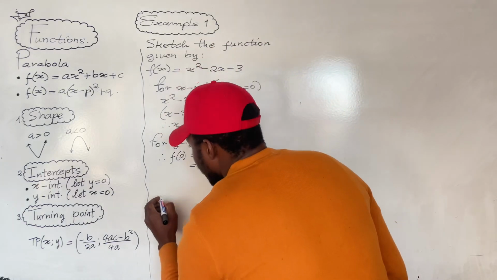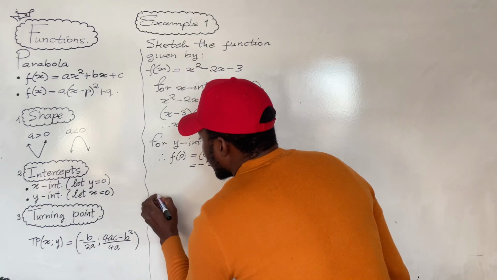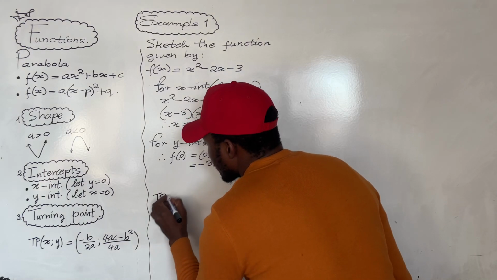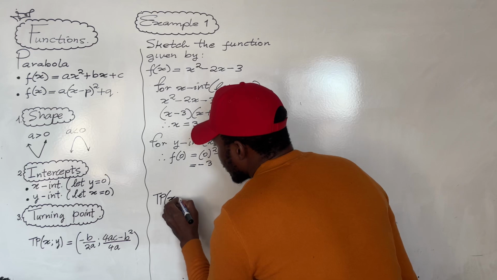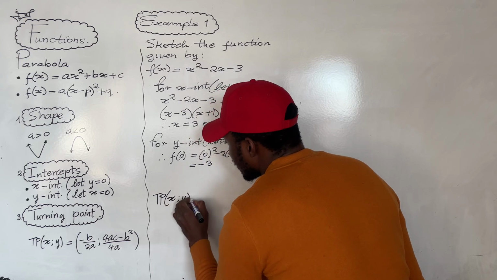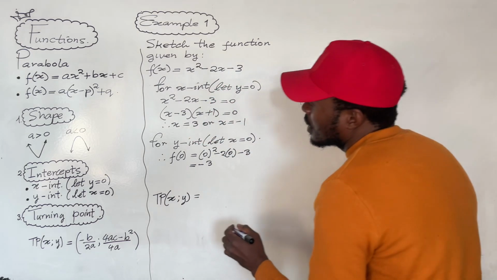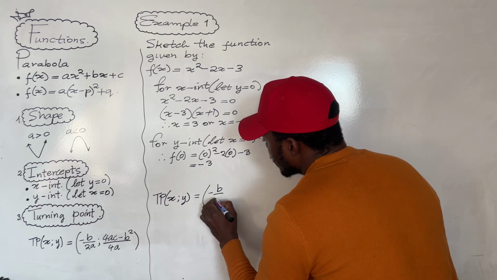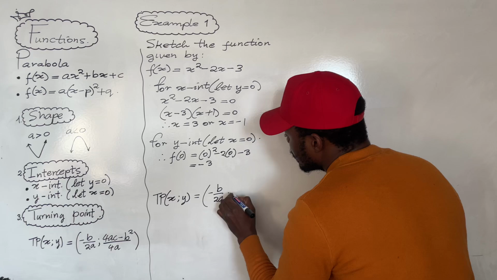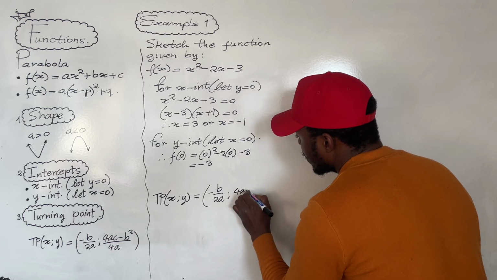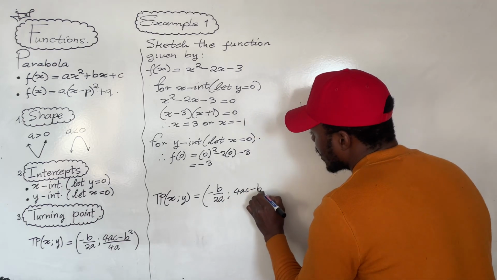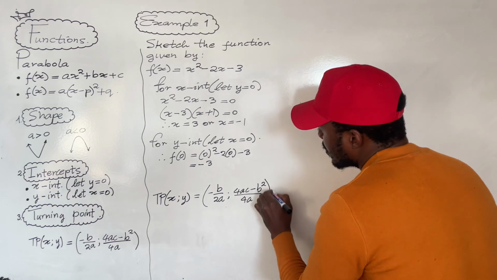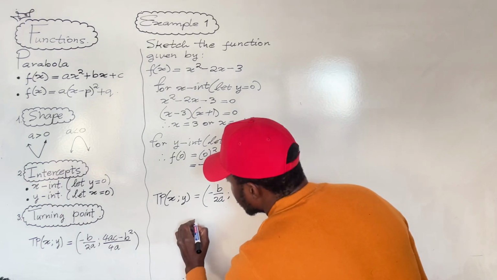Now the last aspect, the turning point, TP, is made up of the x-coordinate as well as the y-coordinate. The x-coordinate is given by the formula minus b all over 2a. The y-coordinate is given by 4ac minus b squared all over 4a. Now let's do this simple calculation.